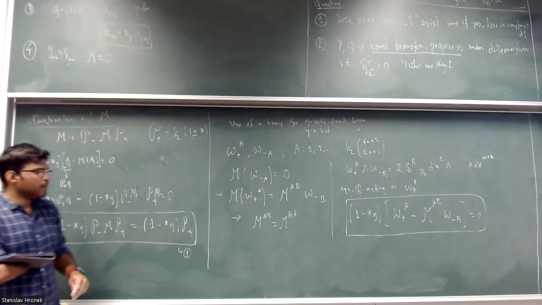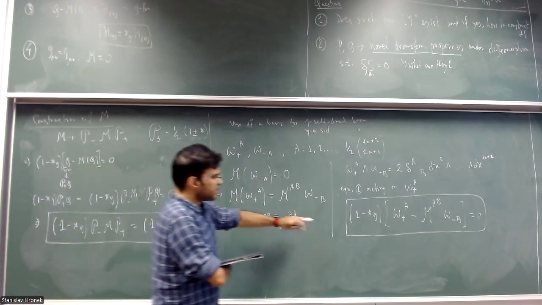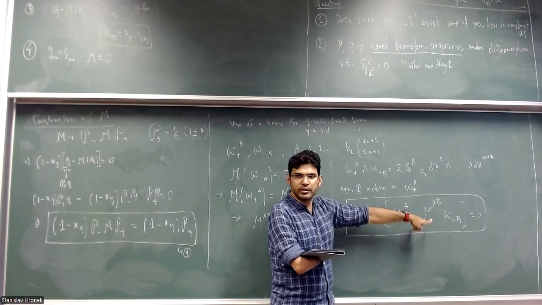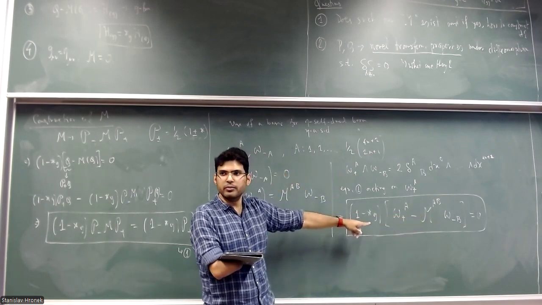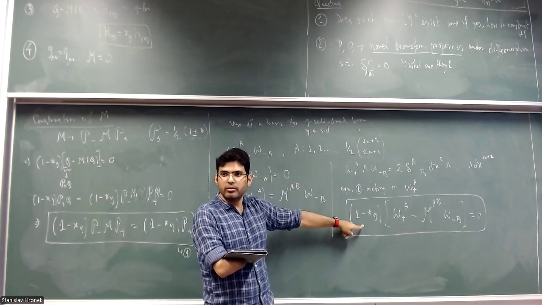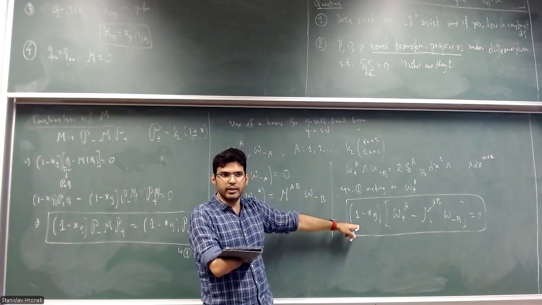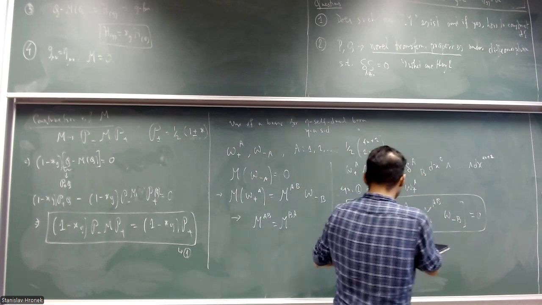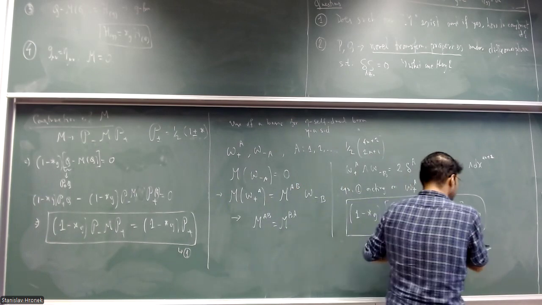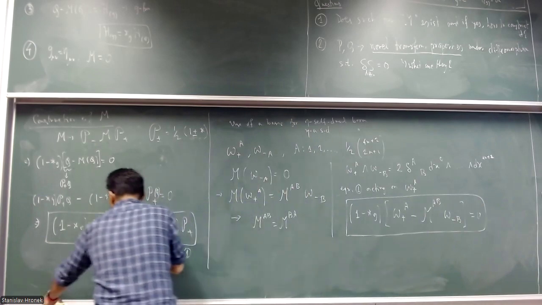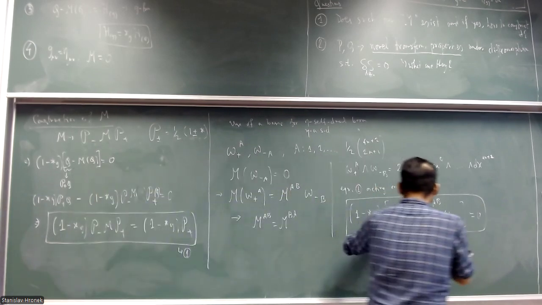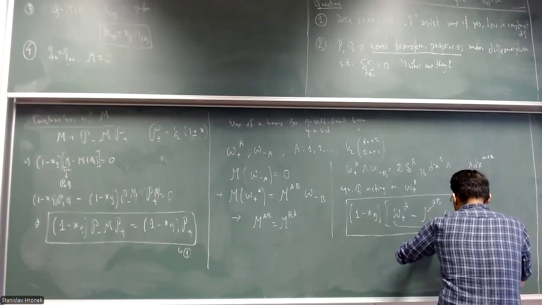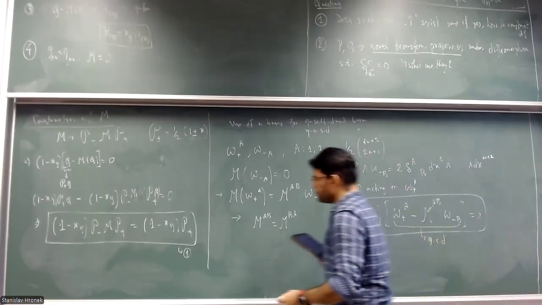No, it's okay. What this is telling us is that in this basis, this whole combination has to be G circular.